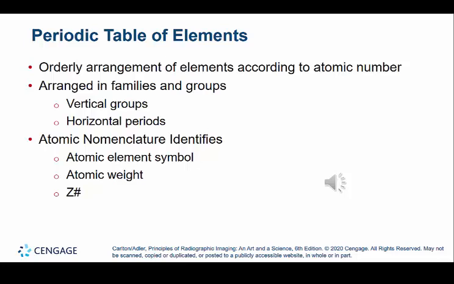These are called vertical groups and horizontal periods. Vertical groups have the same number of electrons in the outer or valence shell, while horizontal periods indicate elements that have the same number of electron shells. The atomic nomenclature identifies the atomic element symbol, the atomic weight, and the Z number.